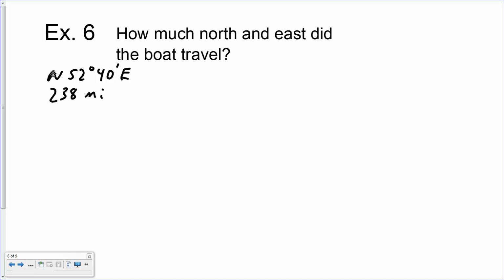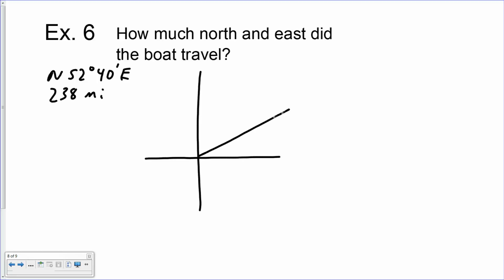First thing I want to do, make a diagram. Make an accurate diagram, show what I want in the diagram. So, it gives me a bearing. First thing I do, drop a north-south line, or you can do north-south, east-west. And this one says that it's traveling north 52 degrees 40 minutes east.